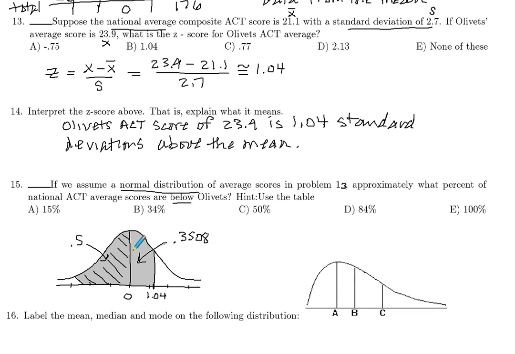And so these two pieces together are the total that's below the 1.04. And so our total is going to be 0.5 plus 0.3508, which is 0.8508, which is 85.08%.